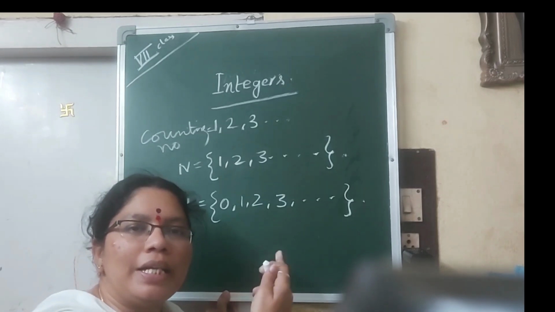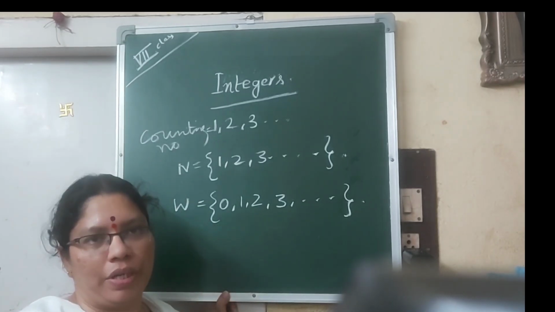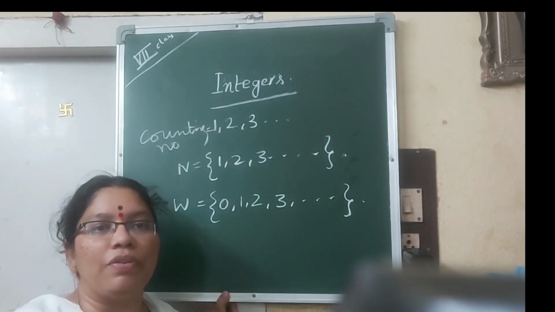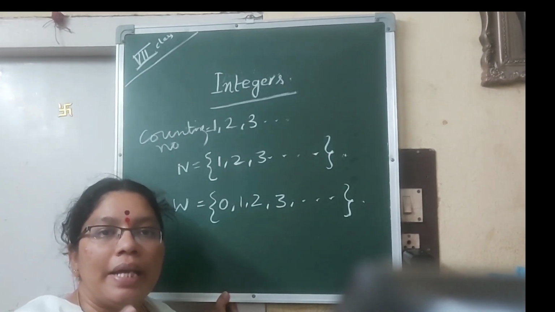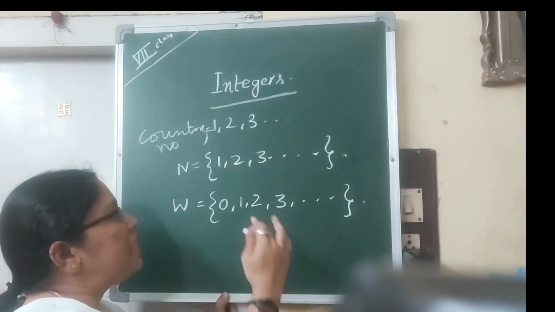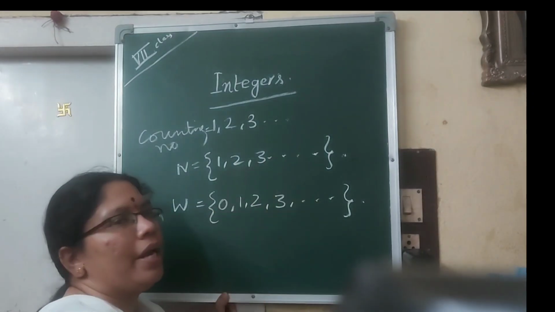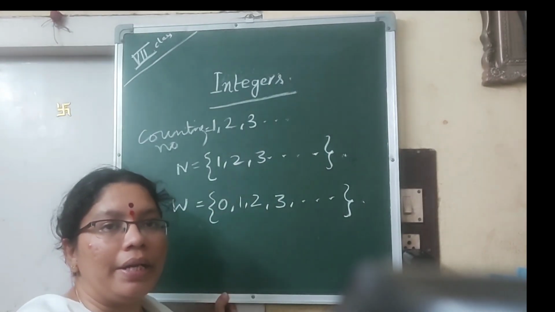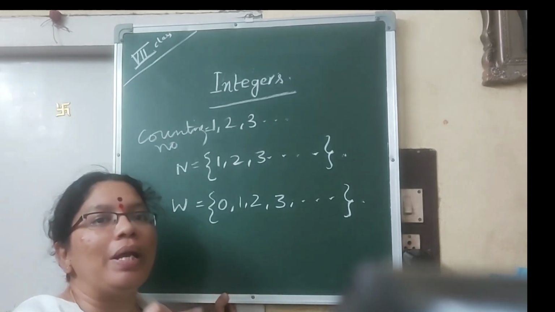Why do we need this set of numbers? Because there are real-life situations where we require a number set beyond these two, which cannot be represented using these two. What are those situations?